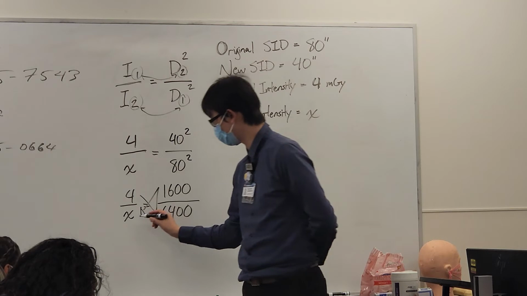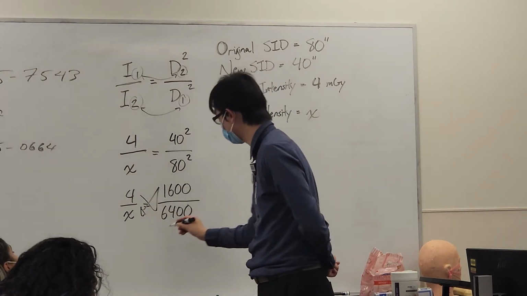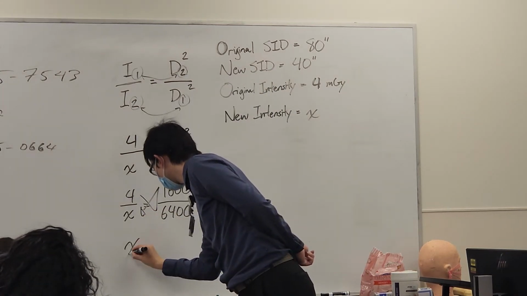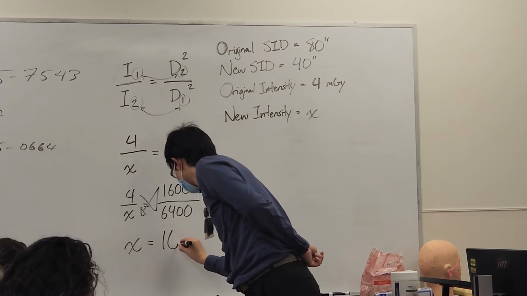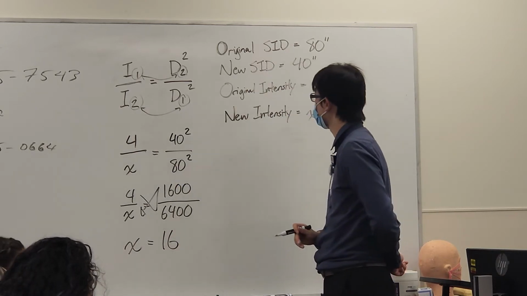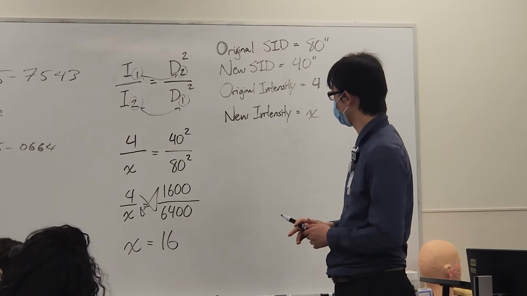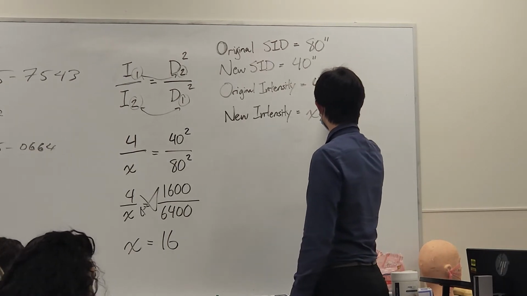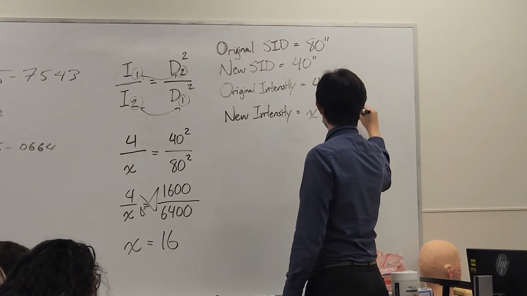My answer ends up being 16. So x equals 16. The new intensity would be 16 milligrays.